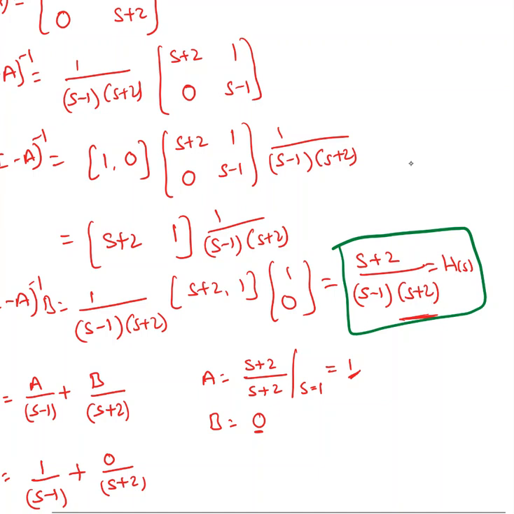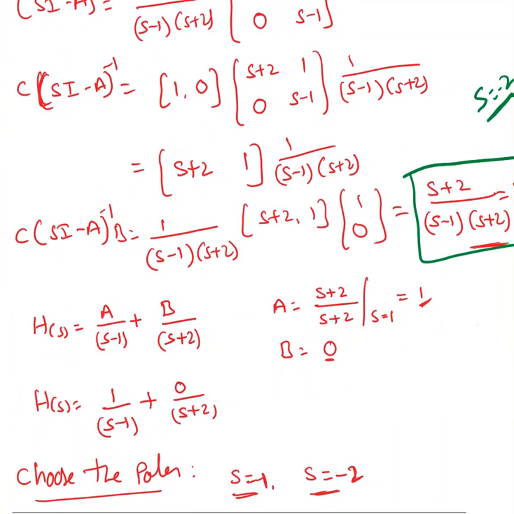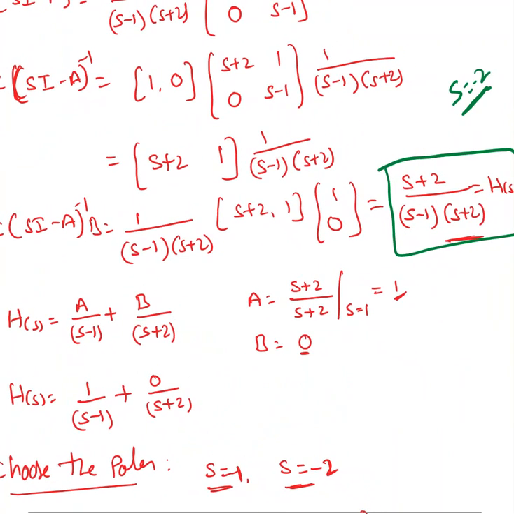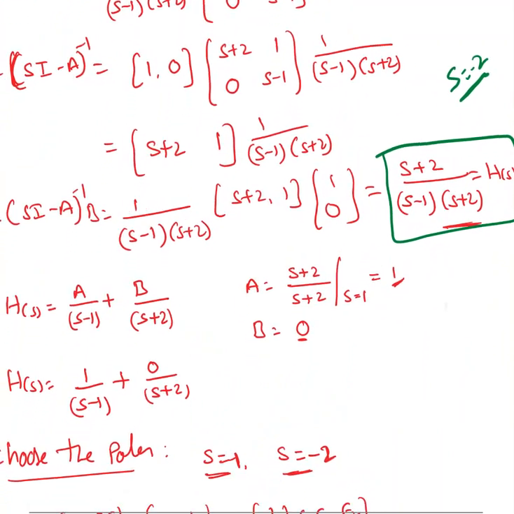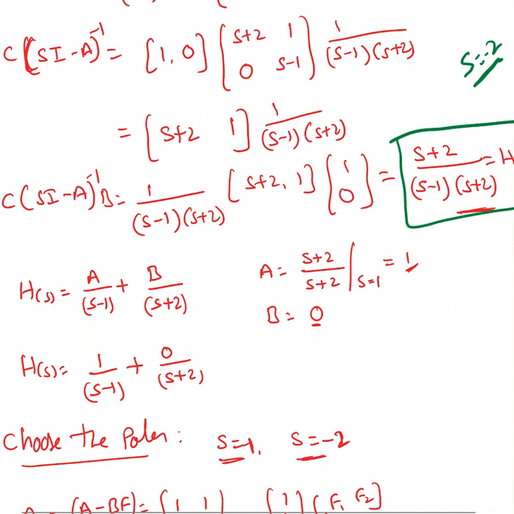So here I have s equal to minus 2. That's a stable pole, but it is an uncontrollable pole. That pole is uncontrollable. Now I'm going to use the partial fraction to find the values. Why am I finding these values?